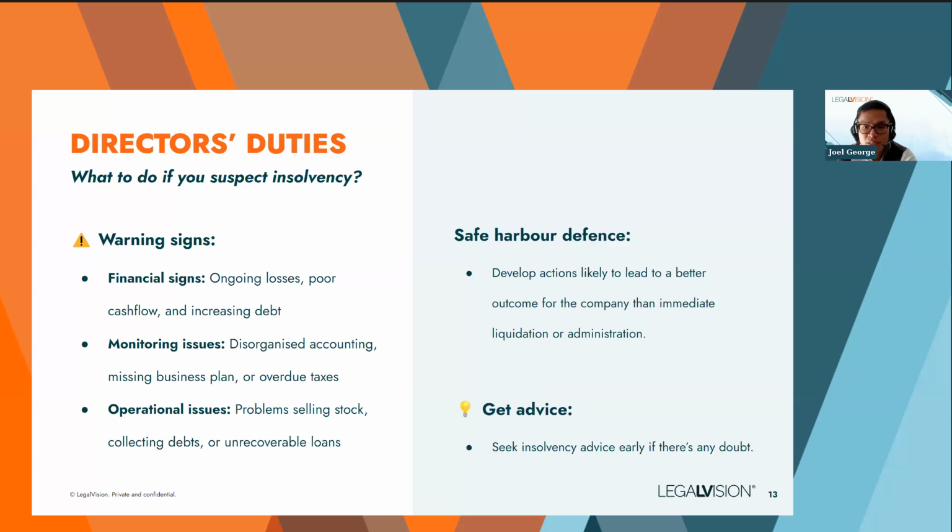The idea of this defense was to try to promote ongoing business operations, to try to salvage your own companies. But the key to making yourself available to this defense is to ensure that you document what you're doing and why you are doing it. That's the fundamental part of this defense. However, the golden rule is, if in doubt, get insolvency advice and get it early, because in insolvency, time is of the essence.